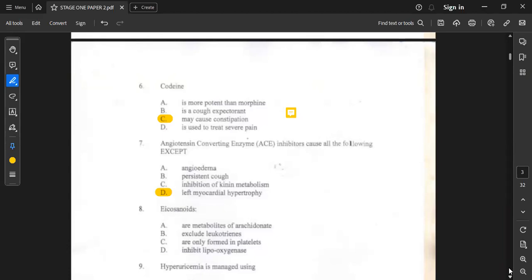Generally, we have the biogenic amines, like histamine and 5-HT. Then we also have the lipids, where you talk of eicosanoids: prostaglandins, leukotrienes, and prostacyclins. And then we have the peptides, things like angiotensin and bradykinins. All of those are under the same class of autacoids.